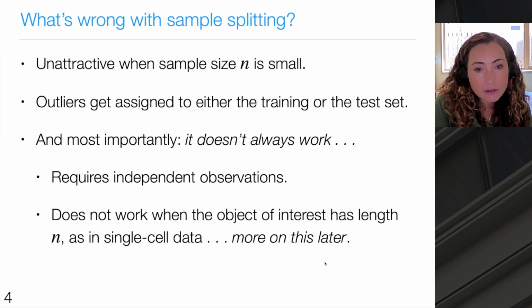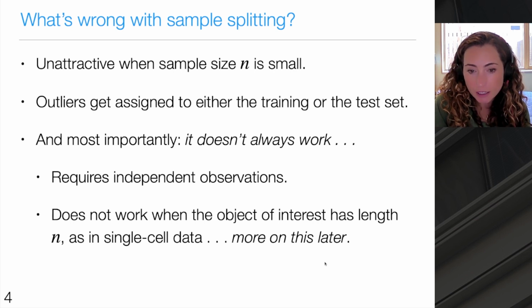Another setting in which sample splitting doesn't work is when the object of interest has length n. This might seem like a puzzling phrase, but the application that I'll be talking about later, which actually motivated this work and arises from the analysis of single-cell RNA sequencing data, is a setting where sample splitting doesn't work because the object of interest has length n.